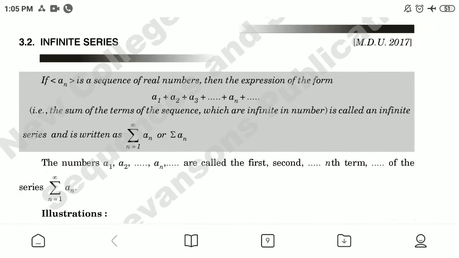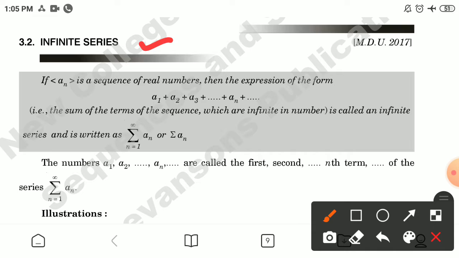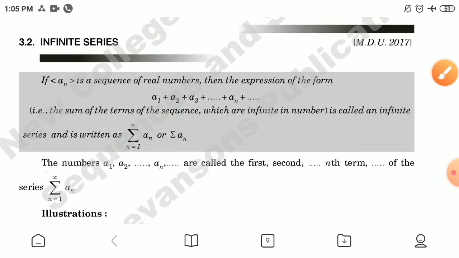Making definition of infinite series. If an is a sequence of real numbers, then the expression of the form a1 plus a2 plus a3 plus so on plus an plus so on, that is the sum of the terms of the sequence which are infinite in number, is called an infinite series and is written as summation an, n is from 1 to infinity.